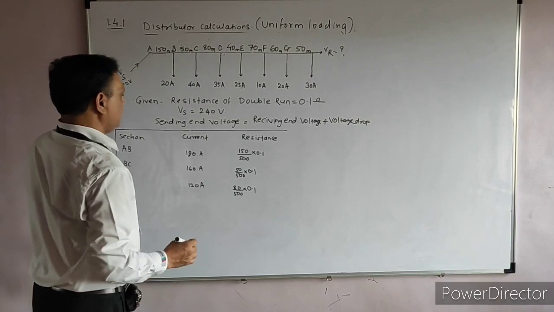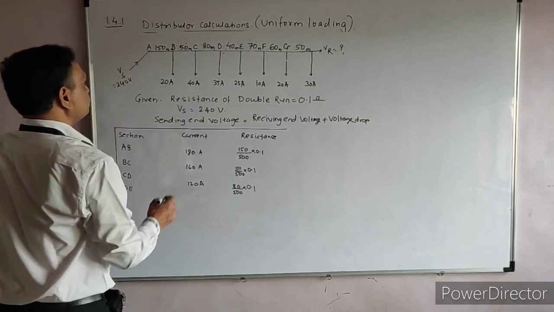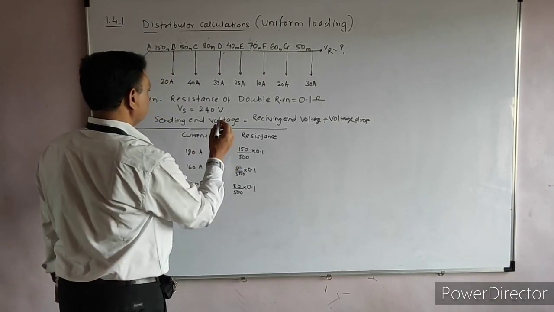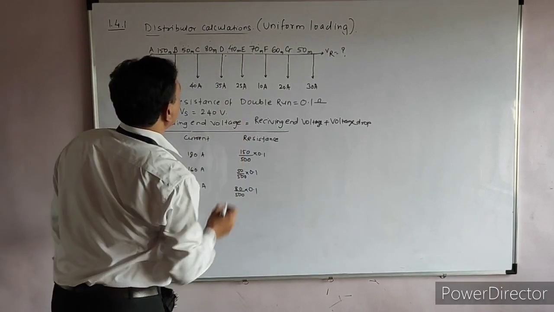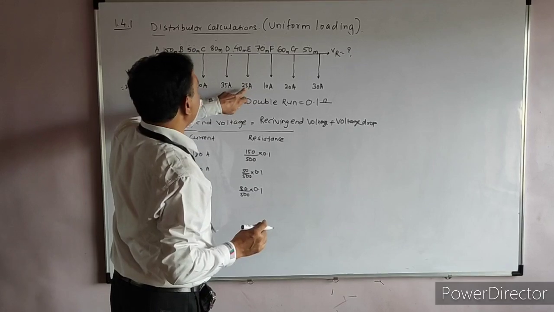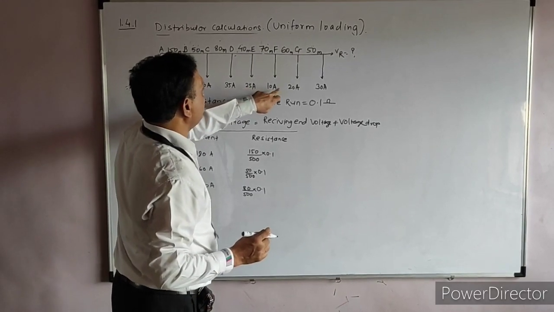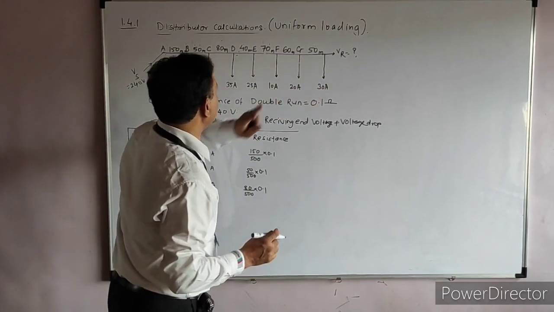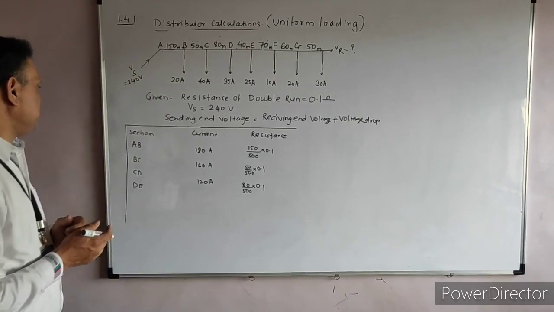So if you go for DE, for the section DE, what current is it handling? If you see 25 plus 10 plus 20 plus 30, this much amount of current it is handling.